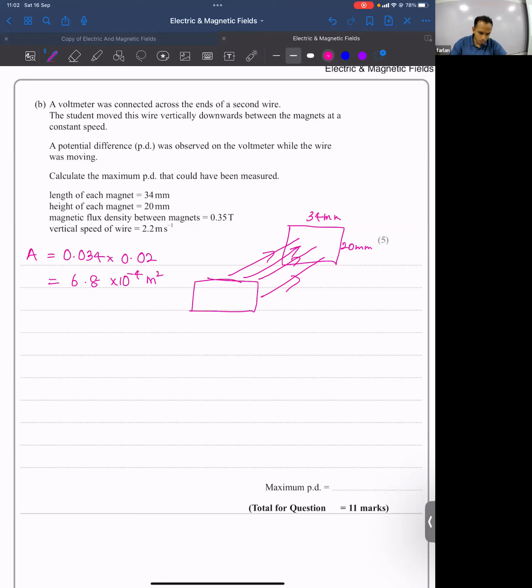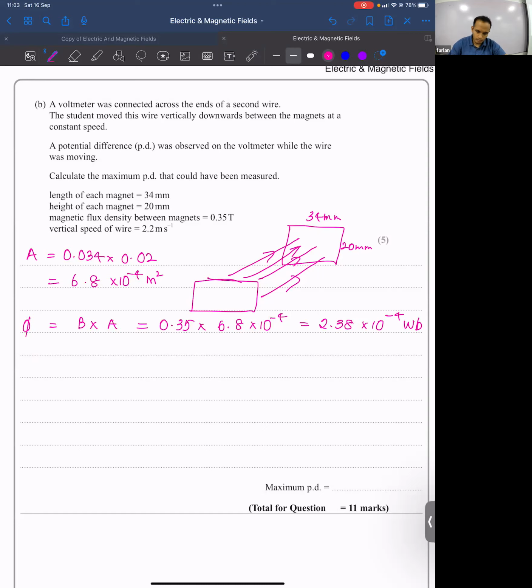So the magnetic flux will be phi equals B times A. B is 0.35, times A, 6.8 × 10^-4. That is 2.38 × 10^-4 Weber. This is the magnetic flux.